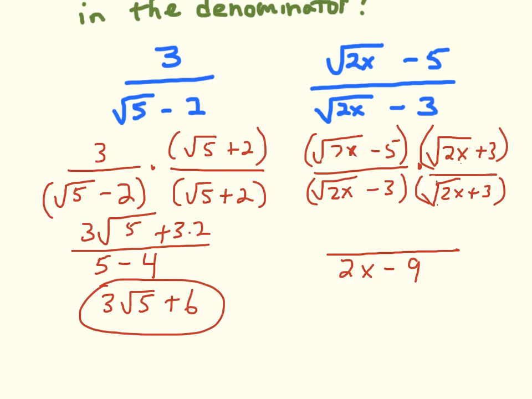In the numerator, when I do FOIL, I've got root 2x times root 2x, and that's just a 2x. And then I do have to do full scale FOIL on this because these are not conjugates. I've got root 2x times 3, so that's 3 root 2x.